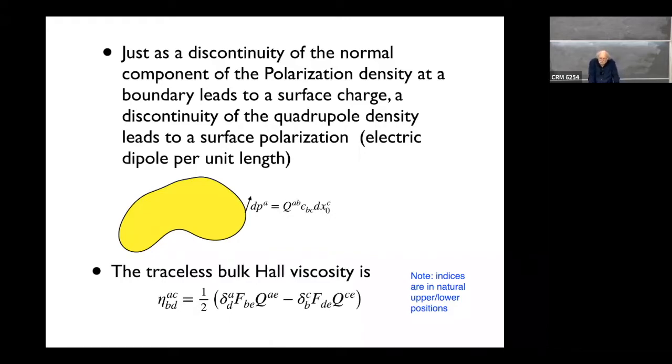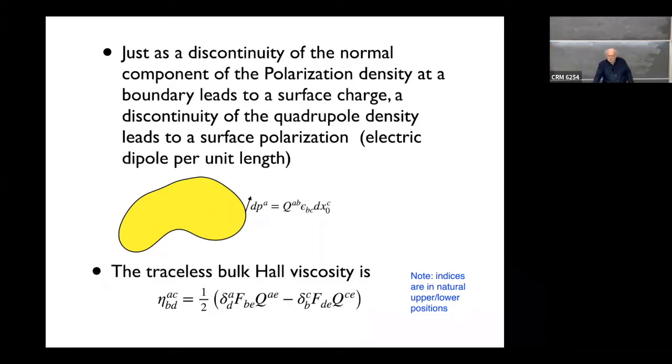If there's a discontinuity of the quadrupole density at the boundary, you get a surface polarization on the boundary. So in particular, if we know Q at that point on the boundary, in this little element dx of the boundary curve, that tells us what the dipole moment of the little boundary element is.